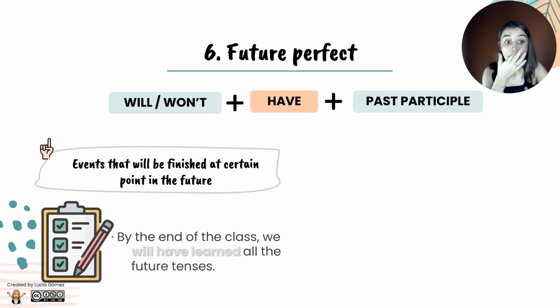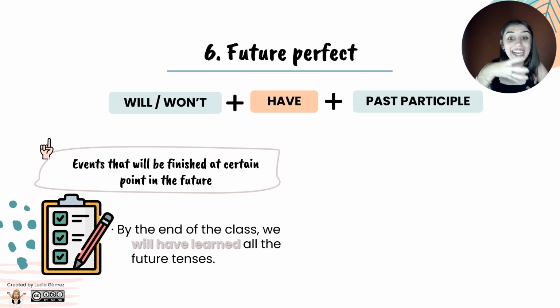For instance, by the end of the class or by the end of this video, be careful with this by, whatever, we will have learned all the future tenses. Una vez que acabe este vídeo o una vez que acabe la clase, habremos aprendido todos los tiempos de futuro, ¿vale? El otro era estaremos aprendiendo y pistas con at, no sé qué, no sé cuánto, pero siempre que tenemos by suele ser este, ¿vale? Entonces hablamos de cosas que se habrán cumplido.